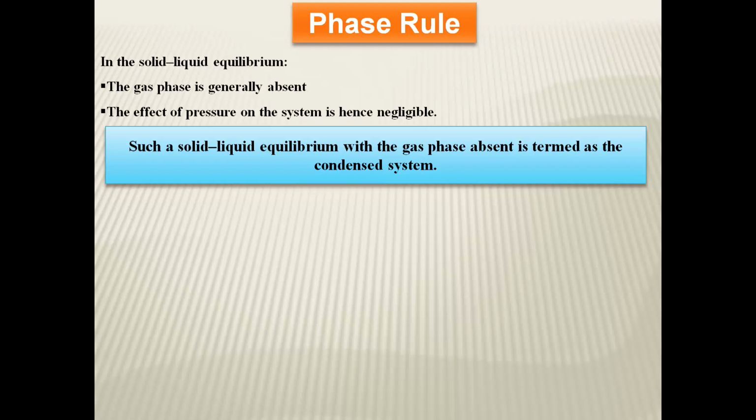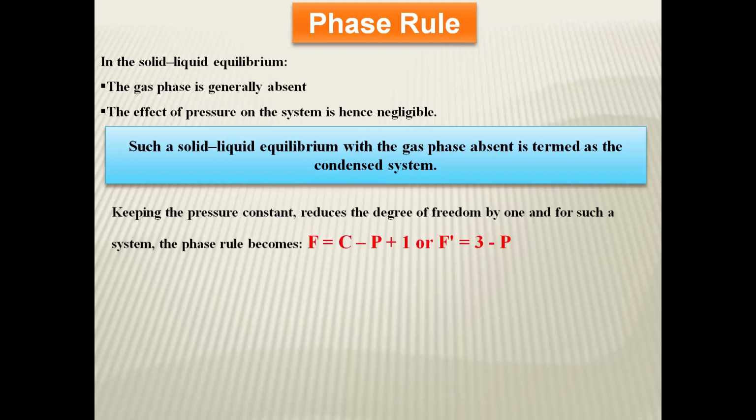So before we understand what a condensed phase rule is, we need to understand what a condensed system is, and what kind of systems we'll be taking up in the two component systems. We'll be considering only solid liquid equilibrium and hence we name them as condensed systems.